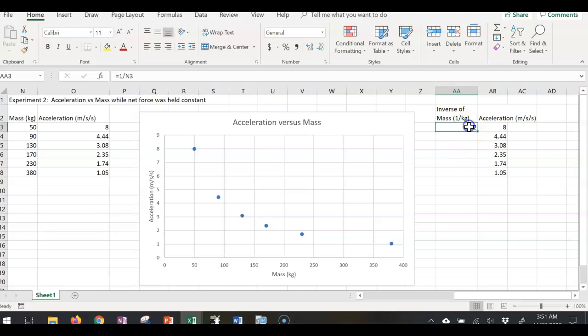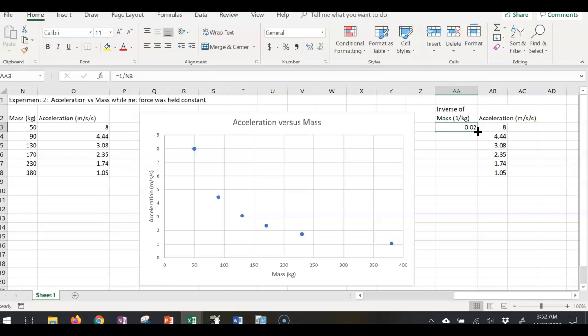Now I need to copy that same formula down this column. And one easy way to copy that, I bring my cursor into the cell that has the formula. I bring it into the lower right-hand corner. See how the cursor changes? Here it's a big white cross, and when I bring it in the corner, it becomes a black plus sign.